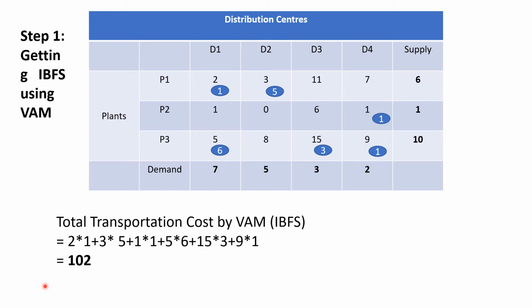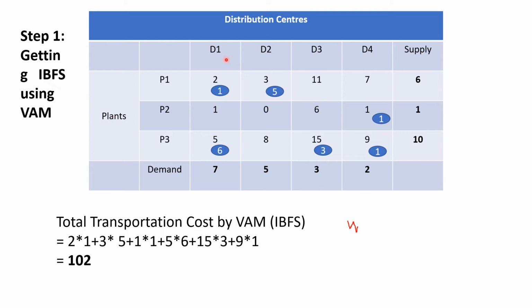Now in this case, how many rows do we have? That is small m. Sorry, in this case, how many rows do we have? We have 3 rows, P1, P2, P3. So small m is 3. And how many destinations do we have? 4.